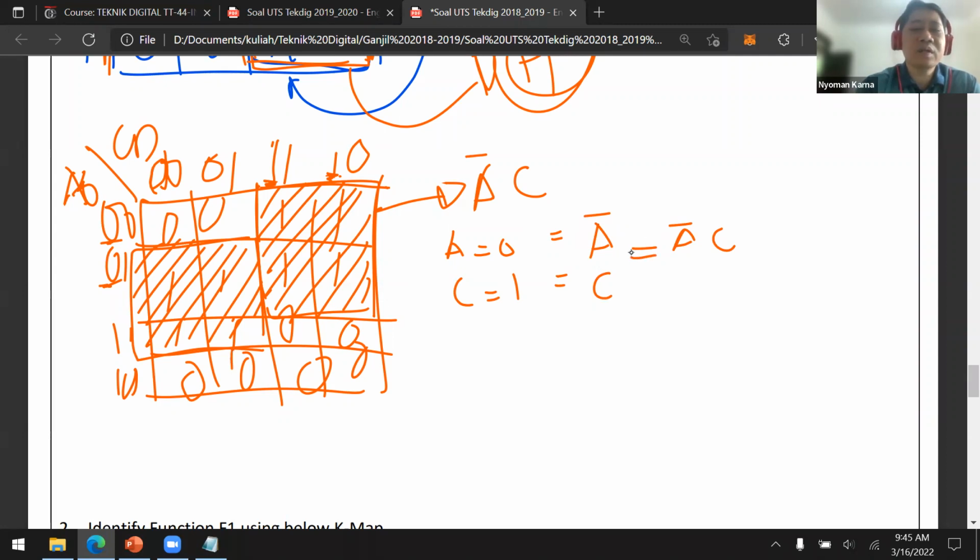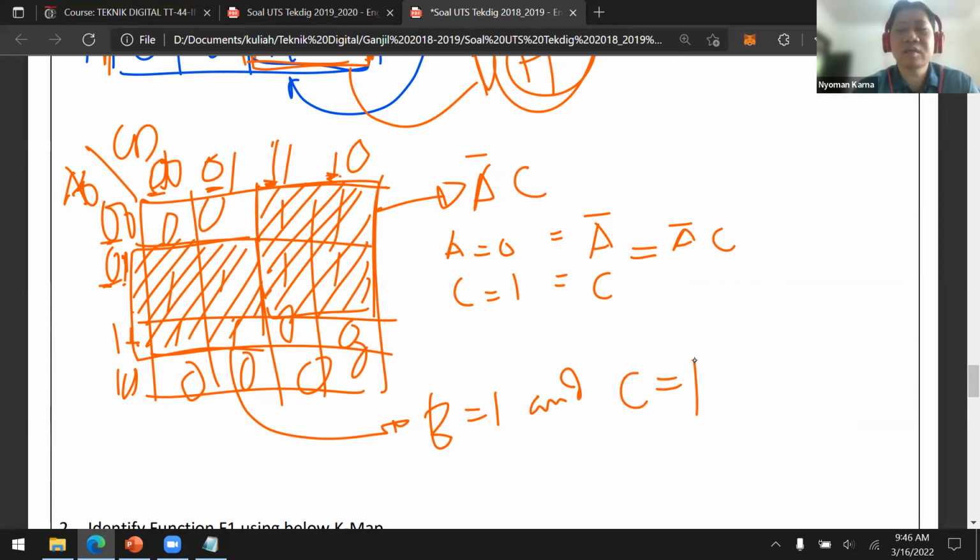And then how about this group? The identification is when B is 1, row-wise. So B is 1, and for the column identification is when C is 1.